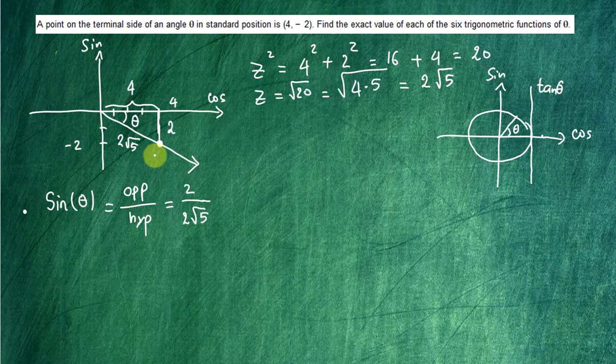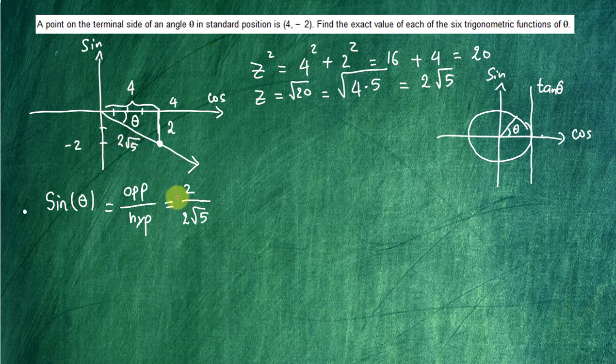Alright, so we know that this is the point that we are given, and if we are looking for the sine, the sine axis is this vertical axis, and this point happens to be on the negative side of the sine axis. Therefore, even though we use the formula right here, according to this figure the value of the sine should be negative, because this point is on the negative y-axis and the y-axis is the sine. So we are in a negative region.